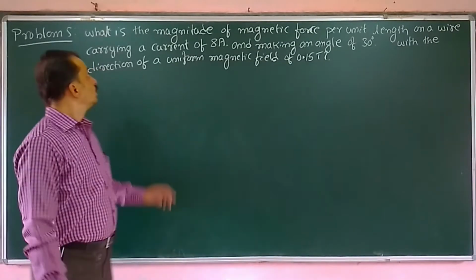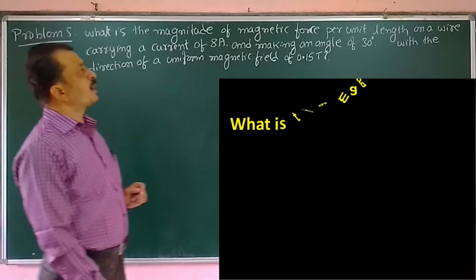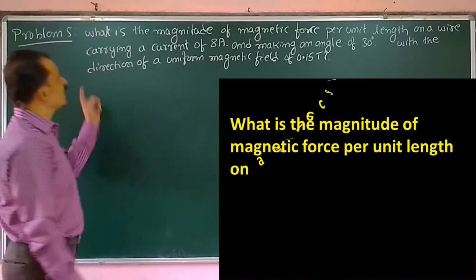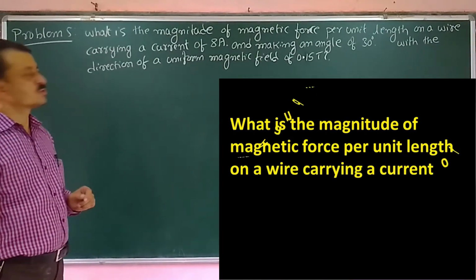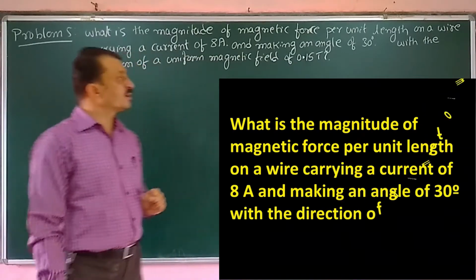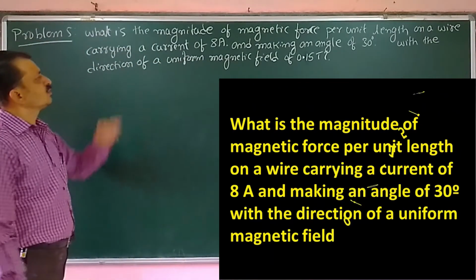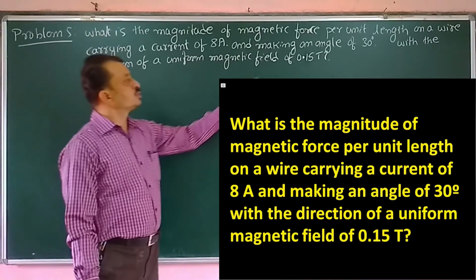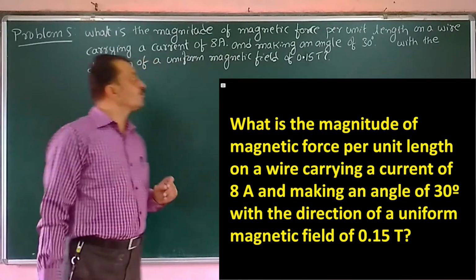Okay. Next problem. What is the magnitude of the magnetic force per unit length on a wire carrying a current of 8 amps and making an angle of 30 degree with the direction of a uniform magnetic field of 0.15 Tesla.